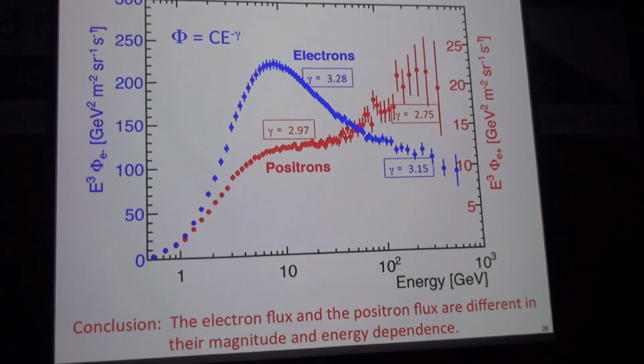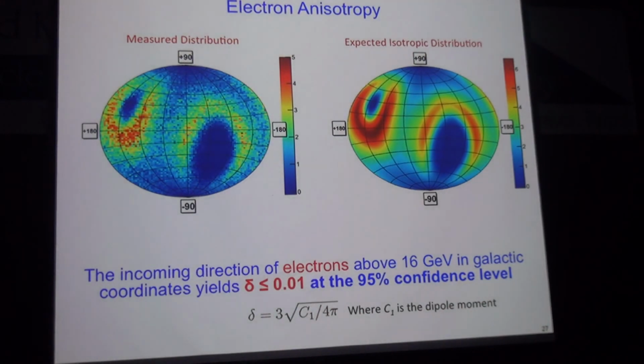It's required because we assume that the dark matter distribution is much bigger than the galaxy itself, and the annihilation of dark matter should come from everywhere, every direction. But you can measure the positron data now. With this data, does it favor or disfavor dark matter? The result is we don't see any anisotropy. The anisotropy is less than 0.01.